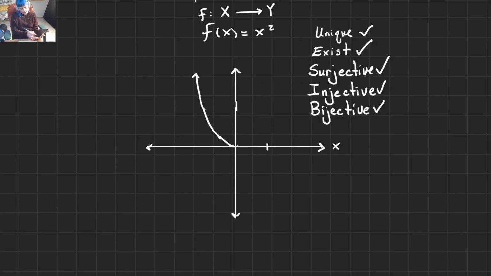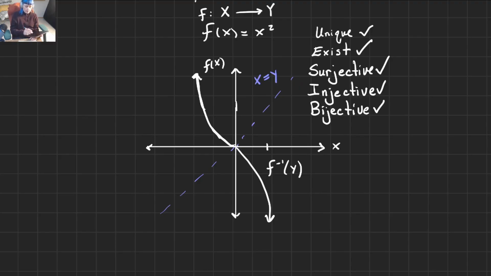So we know that you can graph the inverse by drawing the x equals y line and just reflecting this f of x function across the x equals y line. So that would look something like that. So this would be f inverse of y.